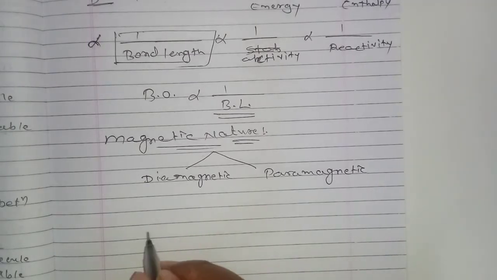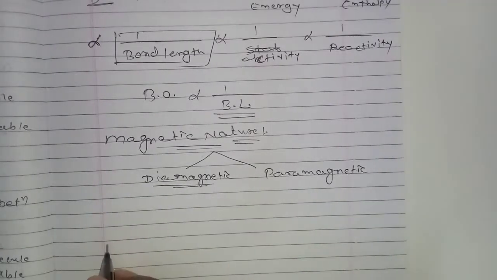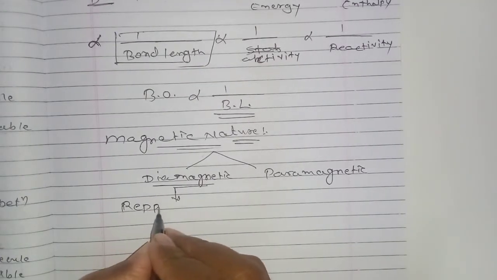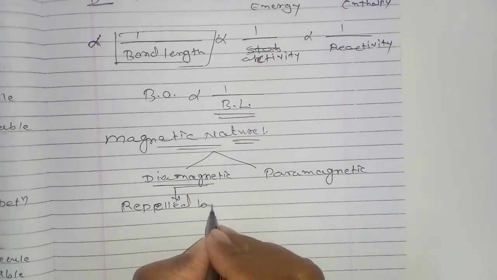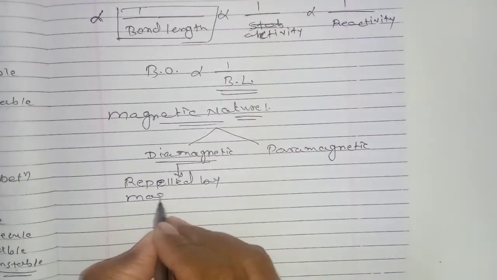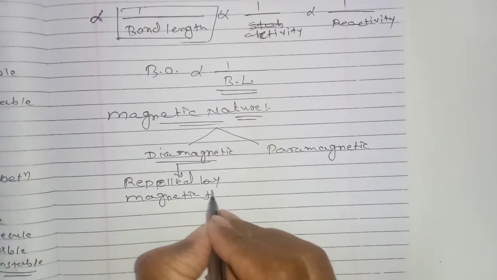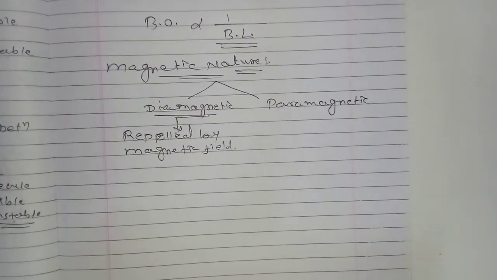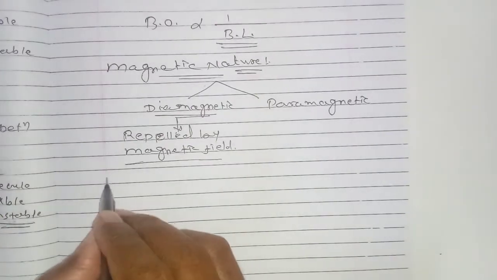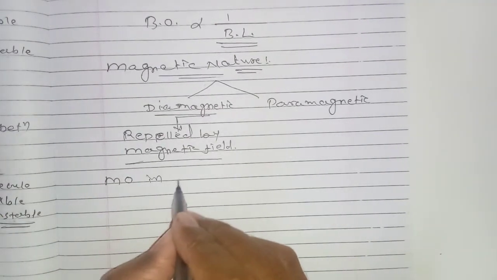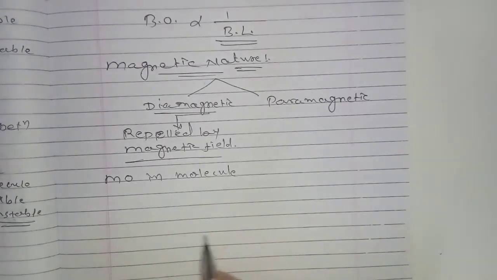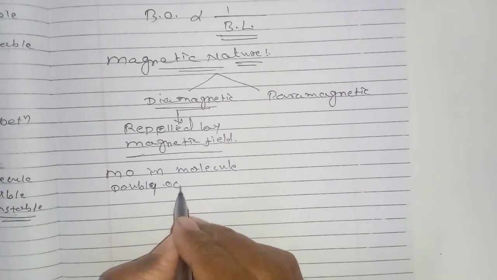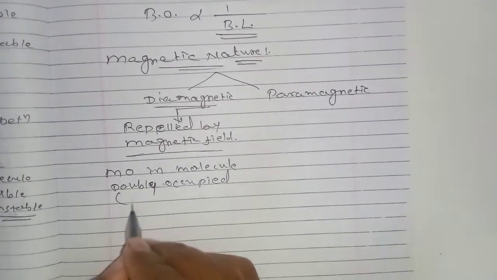Diamagnetic means the substance is repelled by a magnetic field, or the molecular orbitals in the molecule are doubly occupied, that means they have paired electrons in the molecular orbitals.